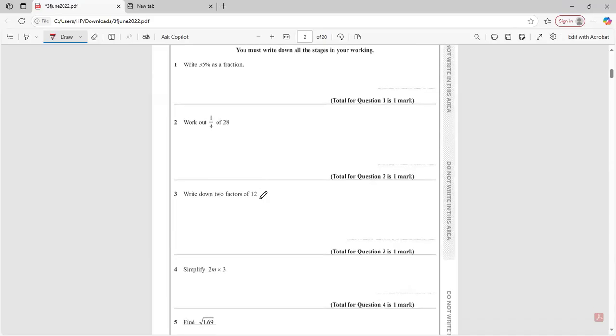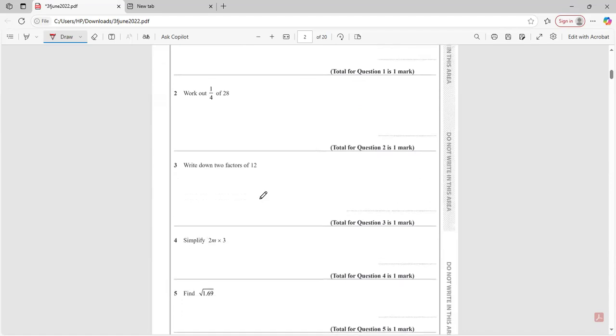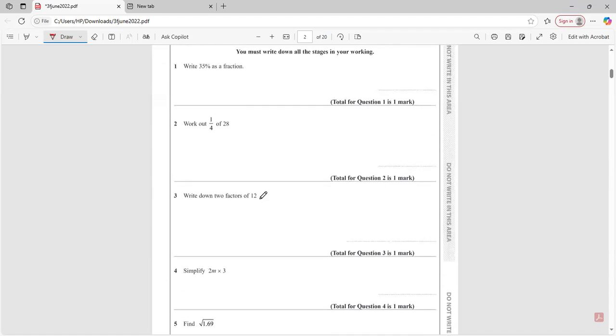Okay, so I think we've come to these ones that are kind of a giveaway. Which one should we do first? Let's look at number 1. 35% as a fraction. That's 35 over 100. They didn't say in its lowest terms, but I can bet you that it would be good for you to take it down to its lowest terms, right? 5 into 35 is 7. 5 into 100 is 20.